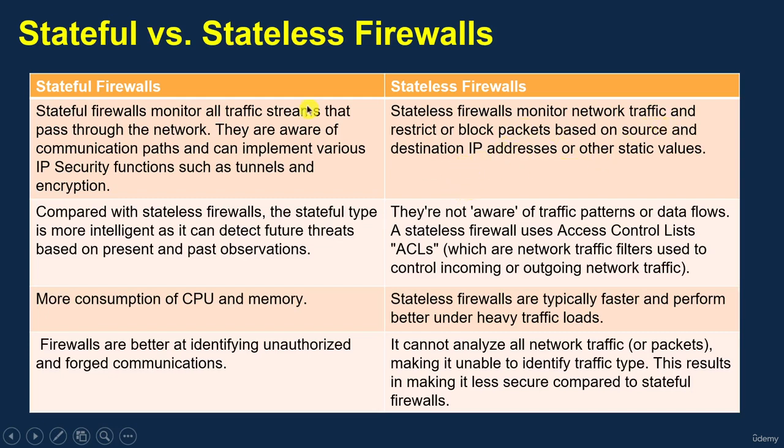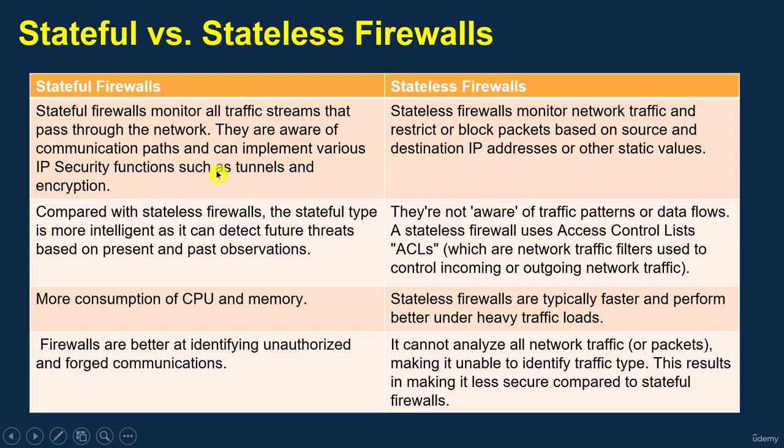On the other hand, stateful firewalls maintain a state table. For example, TCP has certain connection states, and the firewall maintains those states. This firewall technology monitors the state of active connections and uses this information to determine which network packets to allow through the firewall. That is the stateful firewall.